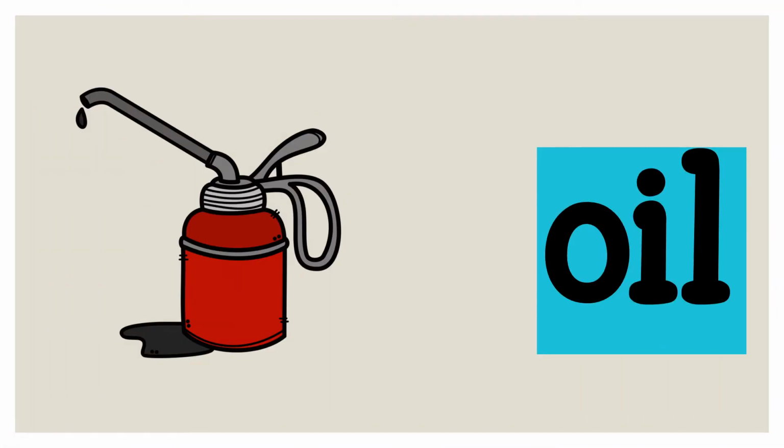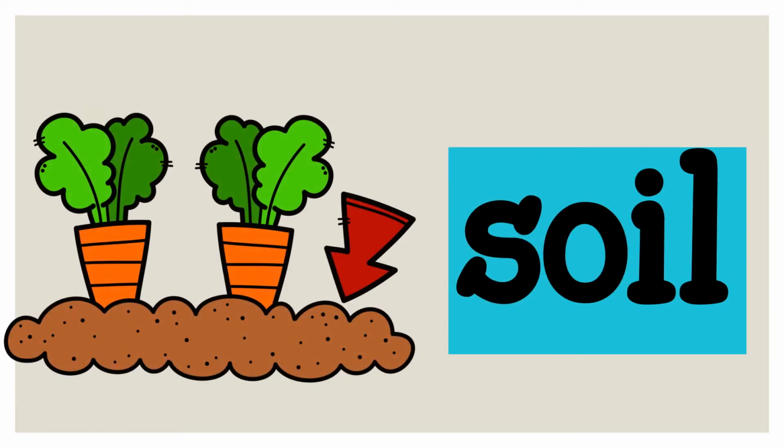Let's take a look at some words that have the OI sound. Our first word is oil, and we have a picture of a can of oil for something such as a car. We can also make another word that rhymes with oil by adding a sound to the beginning. We can change oil to soil. Soil is another word for dirt.